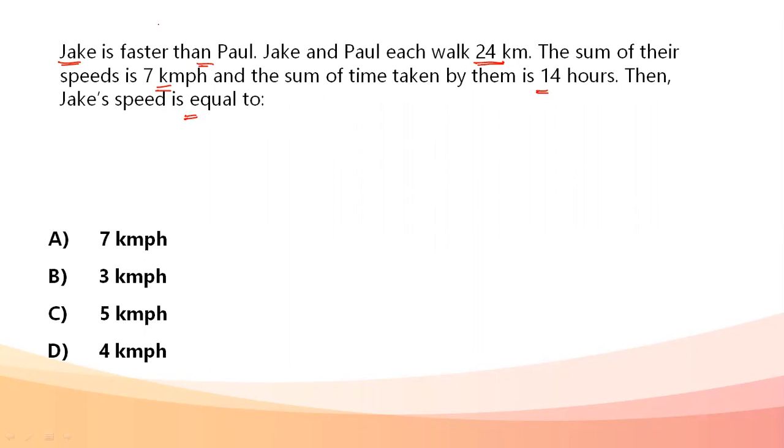Let's say Jake's speed is x and Paul's speed is y. Both of them we are assuming in kilometers per hour, because all the other values are also given in kilometers per hour. Given the sum of their speeds is 7, that is x plus y is 7 kilometers per hour, first equation.